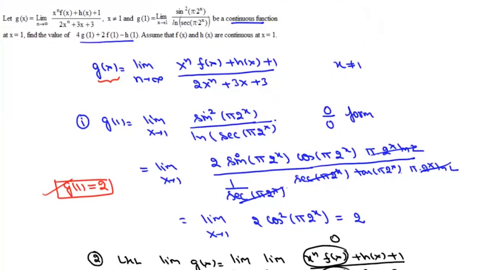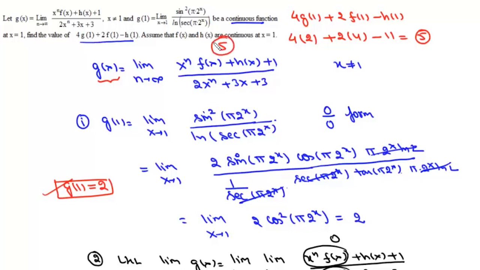Now we need to find the value of 4g(1) + 2f(1) minus h(1). Now g(1) is 2, f(1) is 4 and minus h(1) is 11. Now this is 16, 16 minus 11 is 5. So the answer to this question is 5.